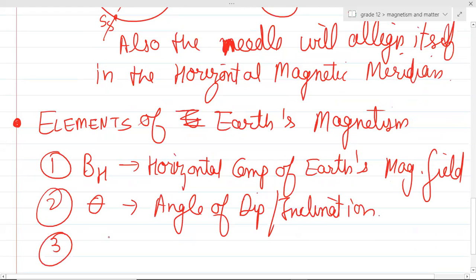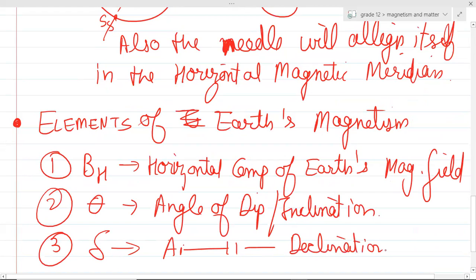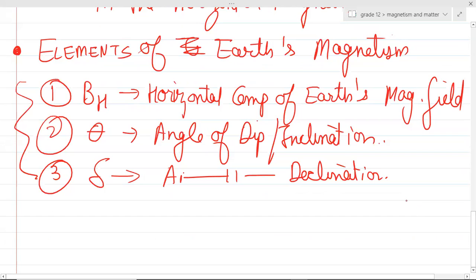And the last one is delta, which is the angle of declination. So if you know these three, then we can predict the direction of Earth's magnetic field. Is it clear?